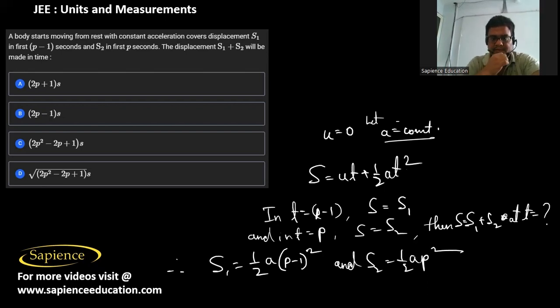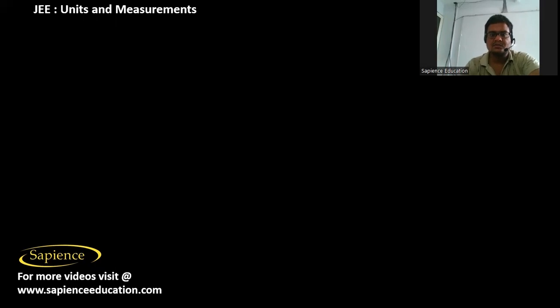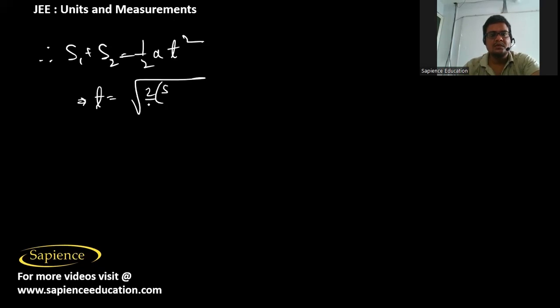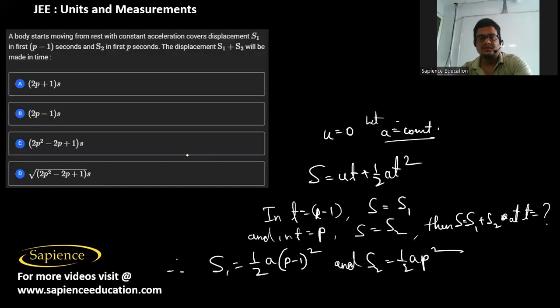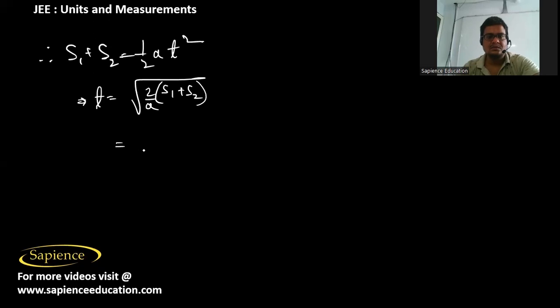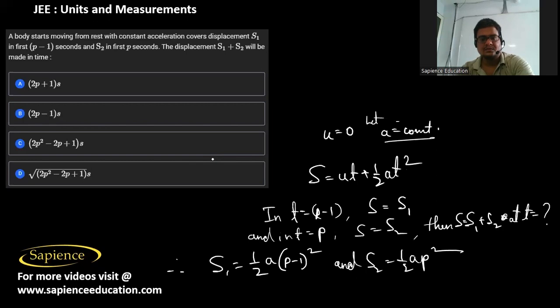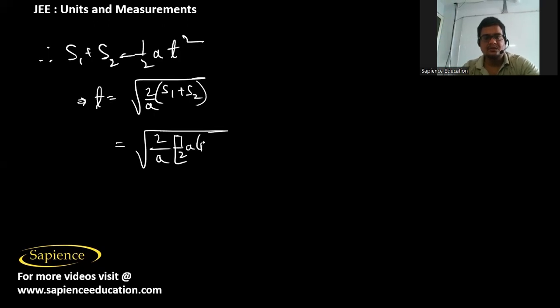Therefore, the displacement will be s1 plus s2. Therefore, s1 plus s2 will be made in time t, let's say, so it will be half a t square. So this t will be equal to square root of 2 into s1 plus s2 by a, that we have to find out. So this will be 2 by a into s1, which is half a into p minus 1 whole square, plus s2, which is half a into p square.